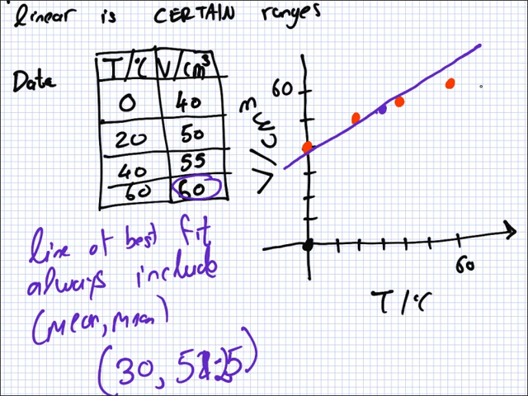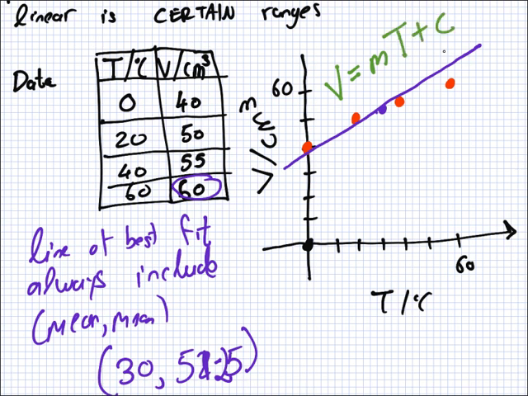Okay. Now, the next thing we'll have to do is write down the equation of this line. And again, we're just estimating it from the graph. So the formula we know is y equals mx plus c. In this case, it would be v equals, not mx, but mt plus c.